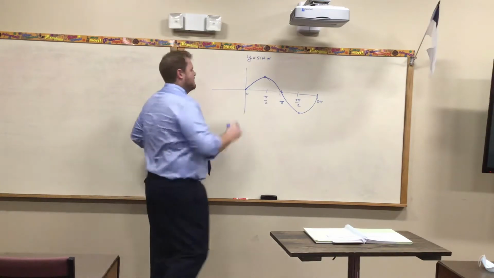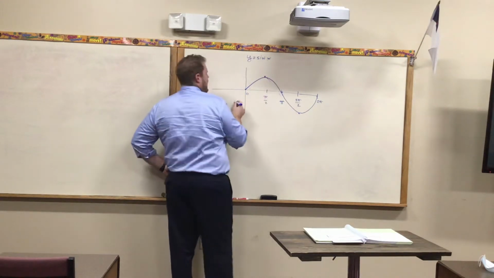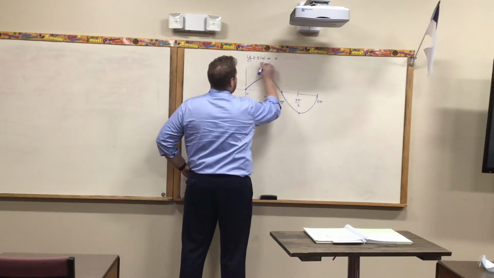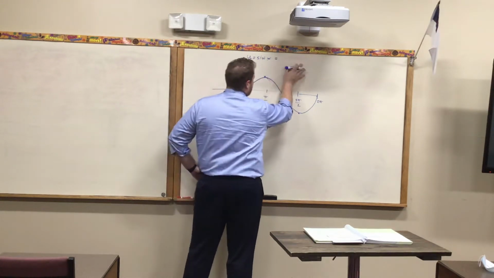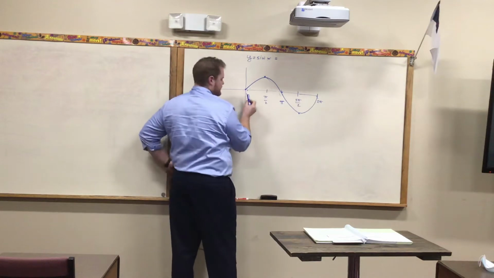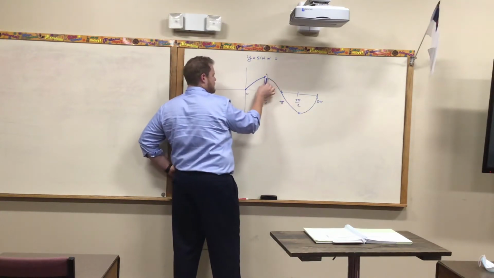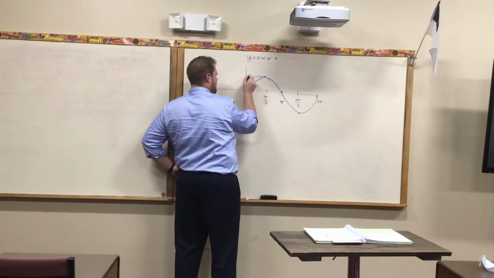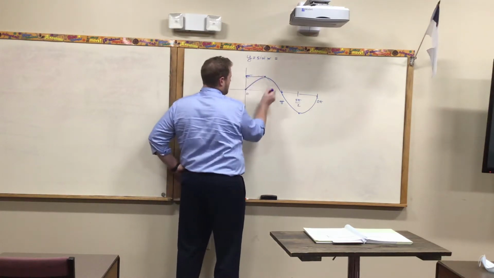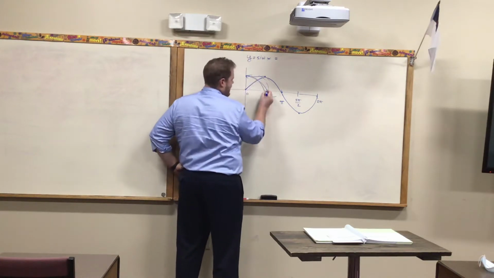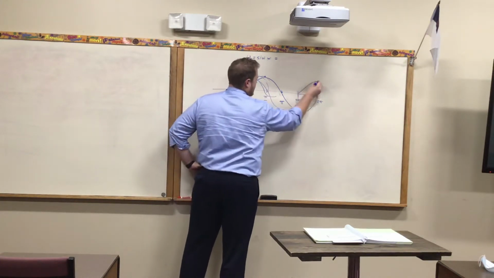Now, if that's a simple sine wave, how could I write this in terms of cosine? So think about this for a second. If I took this wave and I slid it from pi over 2 back here, and it started here and went down and down and up and down, right?